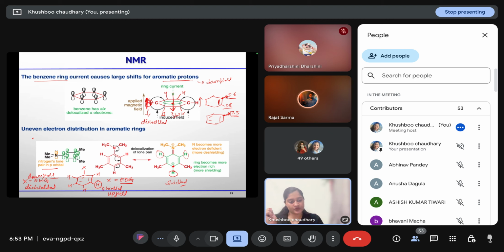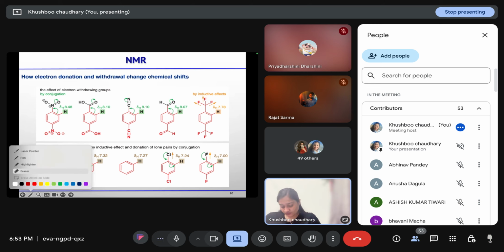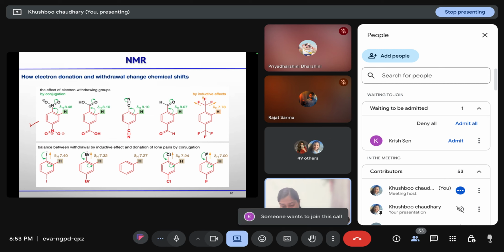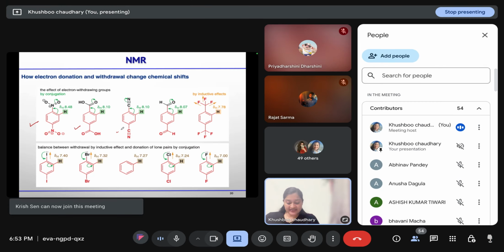Now let us consider some examples. In case of electron withdrawing groups, we compare the electron withdrawing strength of the different groups: nitro, in case of nitrobenzene, or carboxylic acid, nitrile, benzaldehyde, or trifluoro CF3 group.